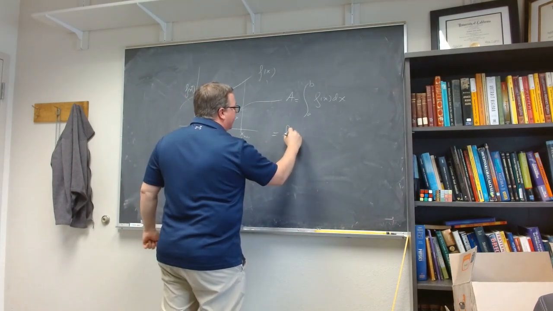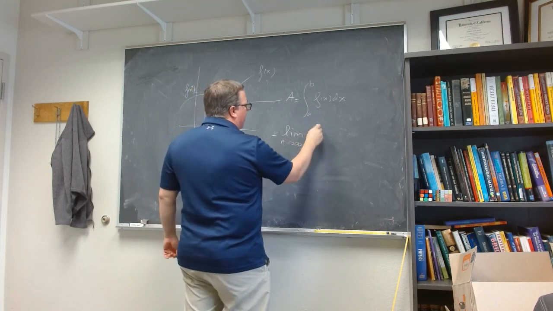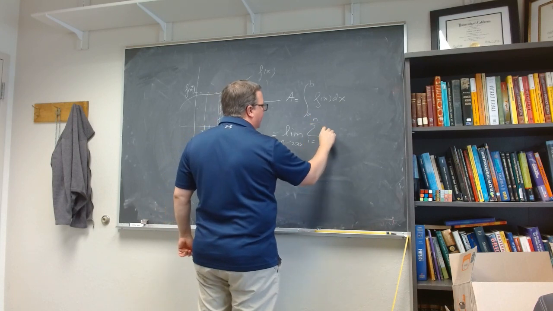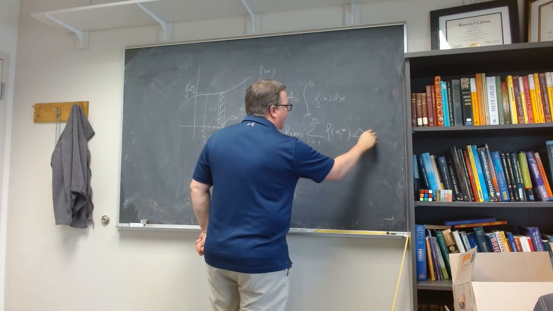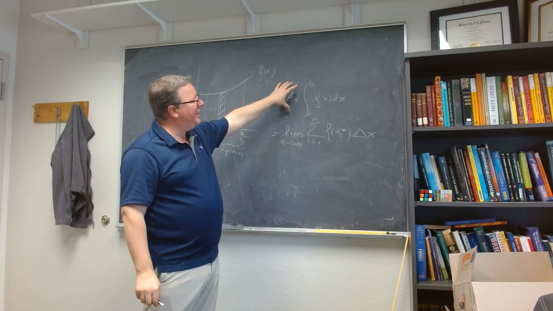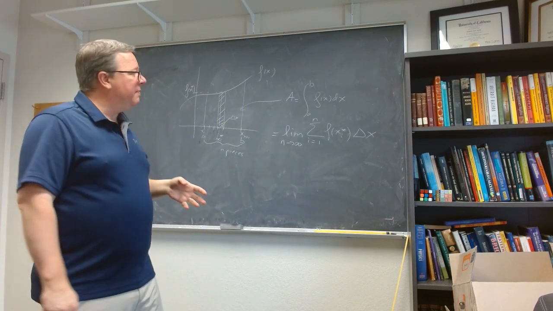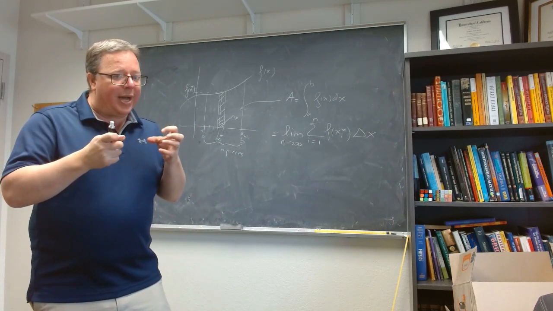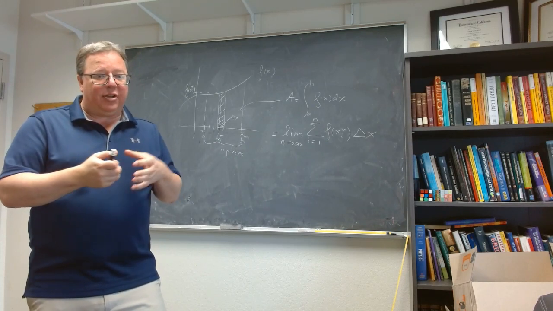We're going to say this is the limit as n approaches infinity of the sum, where i goes from 1 to n, of f of x sub i star times delta x. And as a limit, this will converge to this area as long as our function is continuous or well enough behaved. This is important because it tells us that the definite integral is this area below the curve.